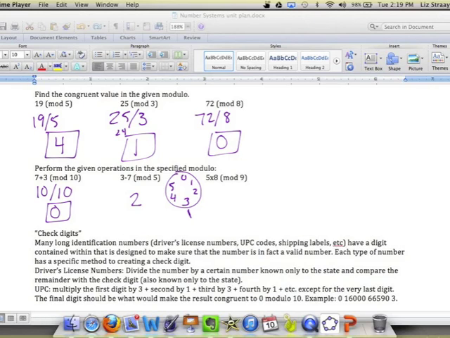Oops, it shouldn't have a 5. 5 and 0 are the same thing in mod 5. If you mean mod 10, you only have 9 numbers.